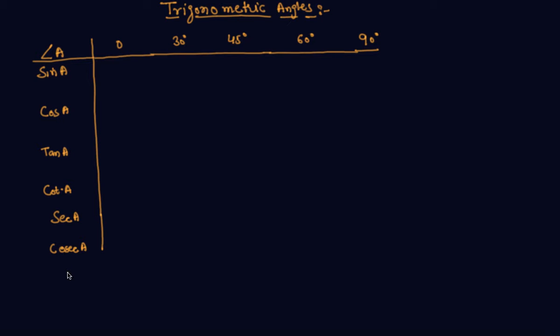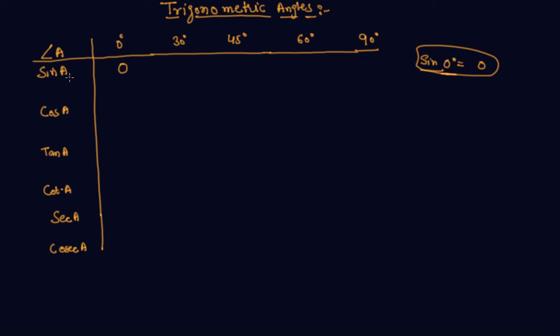So the value of sine A corresponding to 0 degree is the value which sine attains at sine 0. If I am writing 0 here, it means the value of sine 0 degree is 0. I hope you are clear now about the relation between this and this.